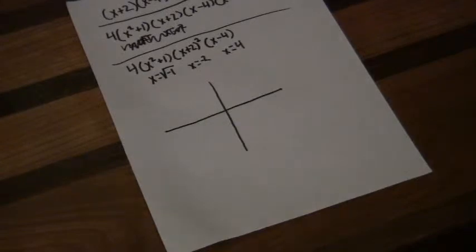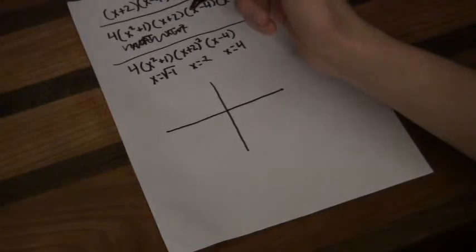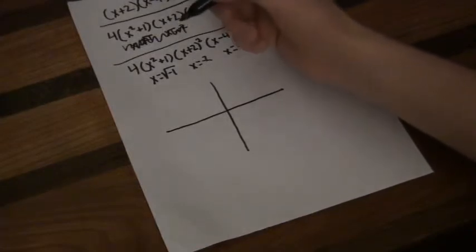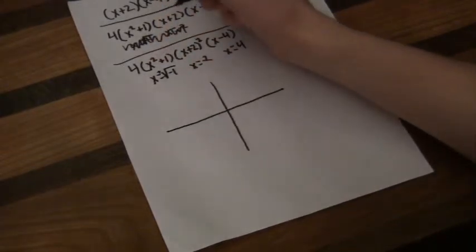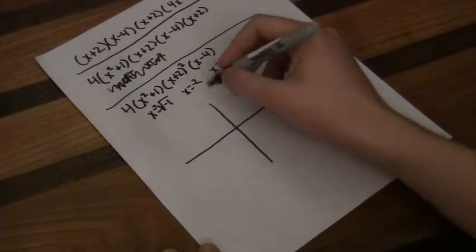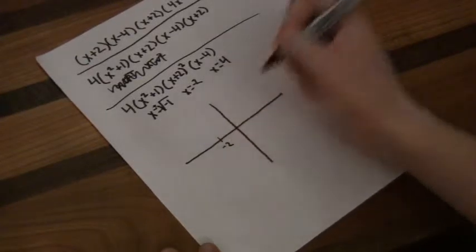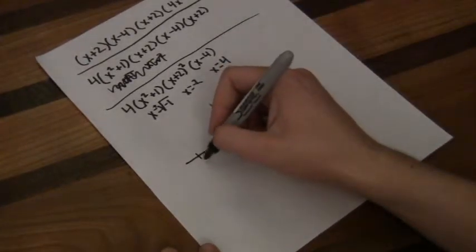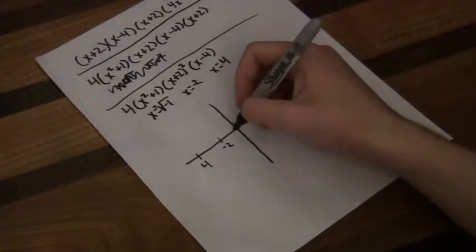So now we're going to graph. But because we got this square rooted, it's going to give us both a positive and a negative. Squeeze that in there like that. So now we're going to have this -2, and we're going to have this 4, and then we're going to have those 2 negative ones.